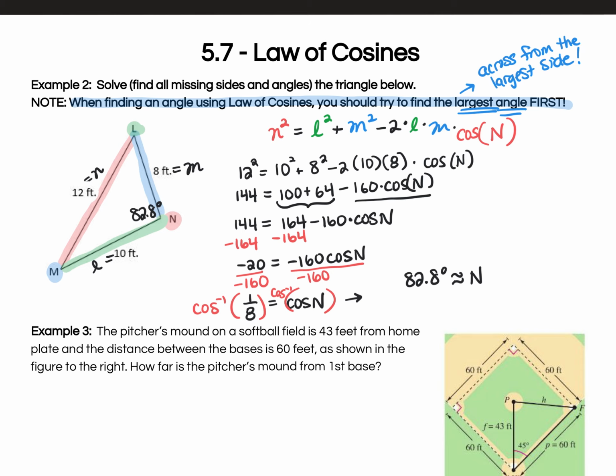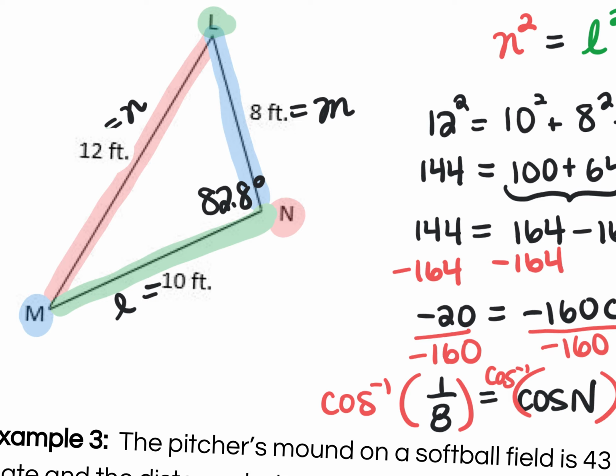Okay, good news is I've got angle n. Now I need to find the other two angles. I would not use law of cosines again. Okay, I'm going to go back to my triangle and I'm going to use law of sines. So if I go back here to my triangle, just zoom in a little bit here, I now know angle n and the side across from it.